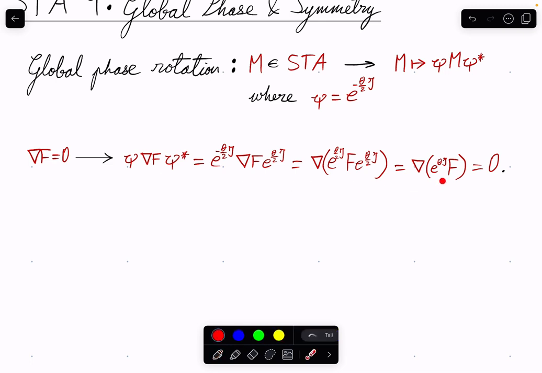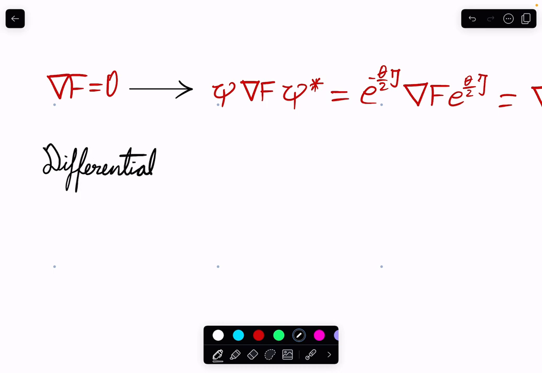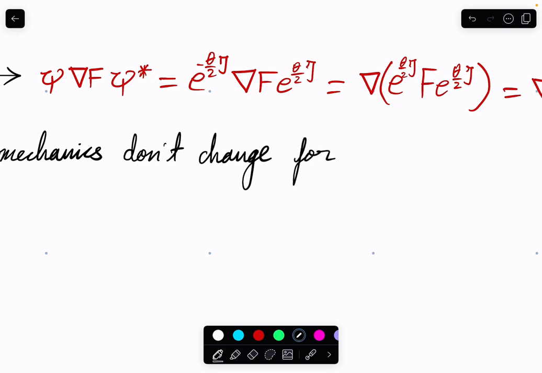But what this demonstrates is that the differential mechanics don't change for the mapping of F to some global phase of this field.